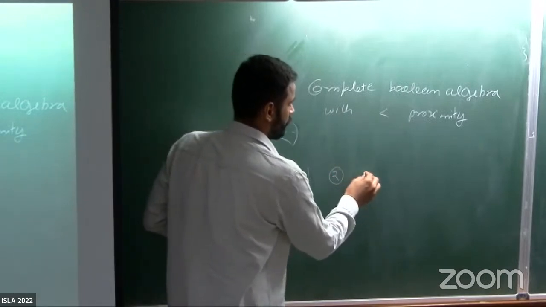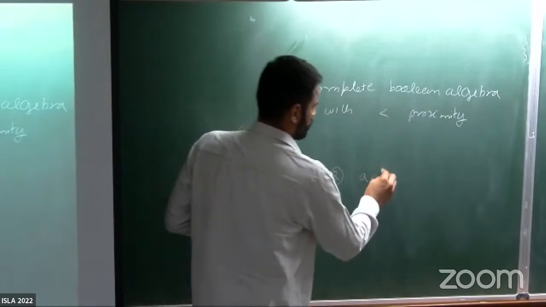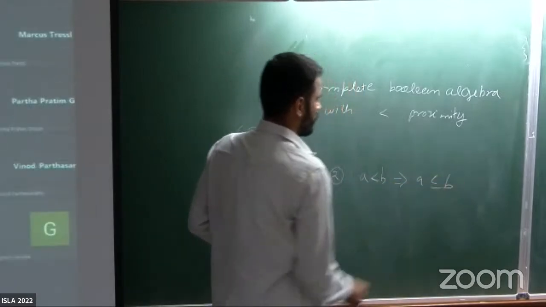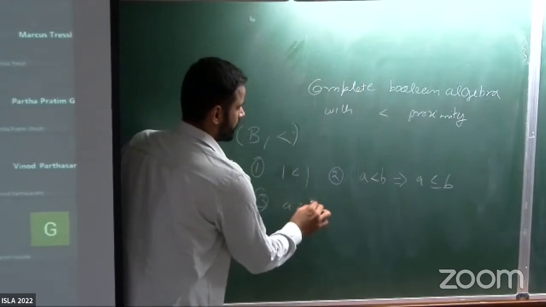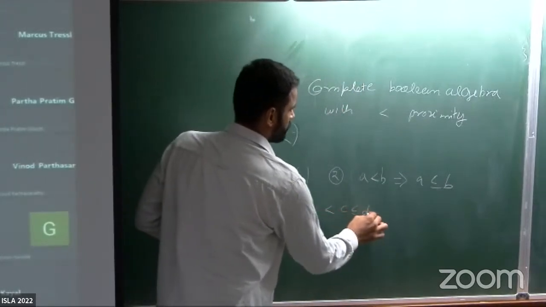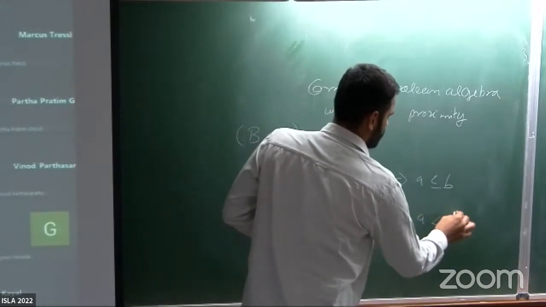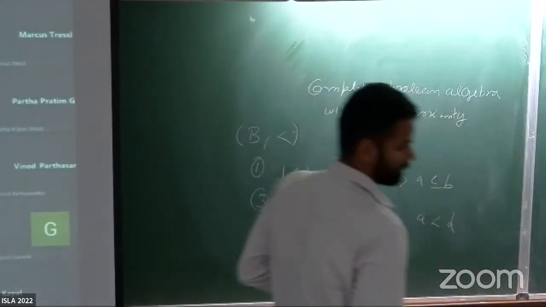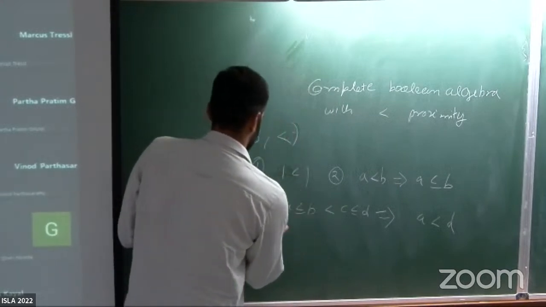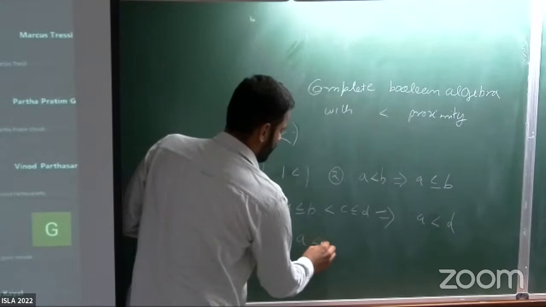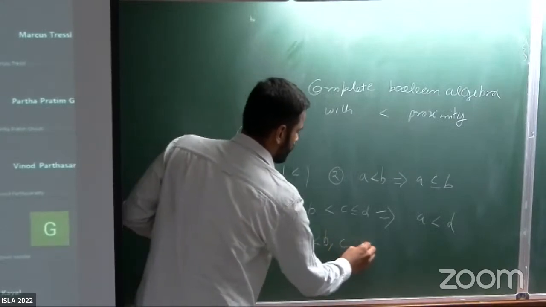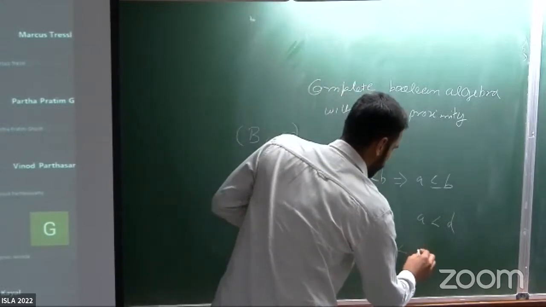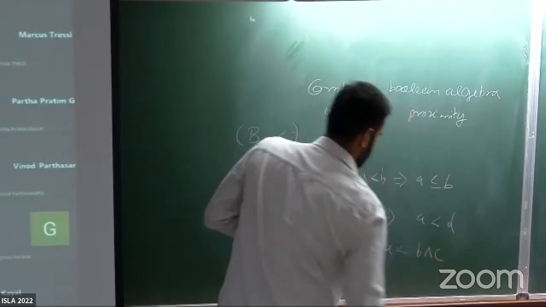Second, if we have 2 elements A and B related by this relation, then this implies that A is always less than B. The third condition is that if A is less than B and B is related to C and C is less than D, this implies that A is always related to D. And the fourth condition is that if A is related to B and C, then A is also related to the meet of B and C.